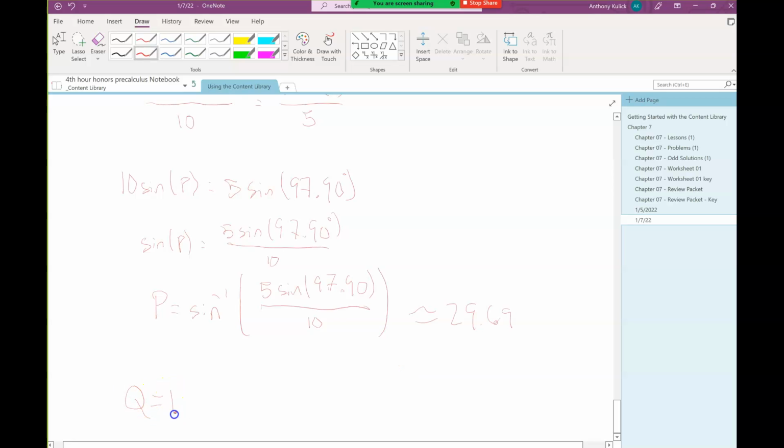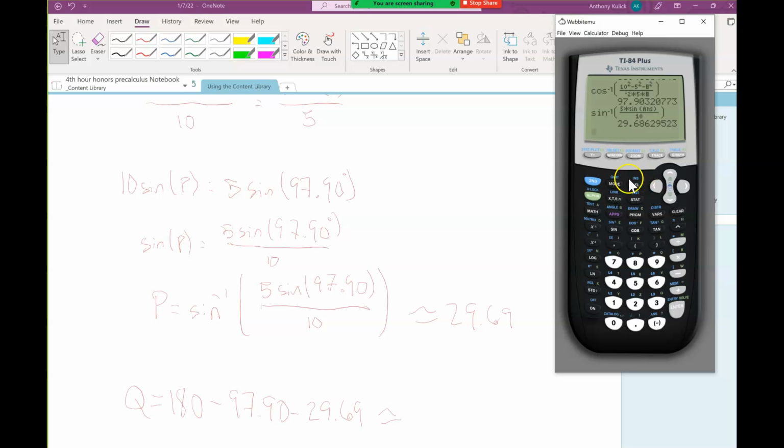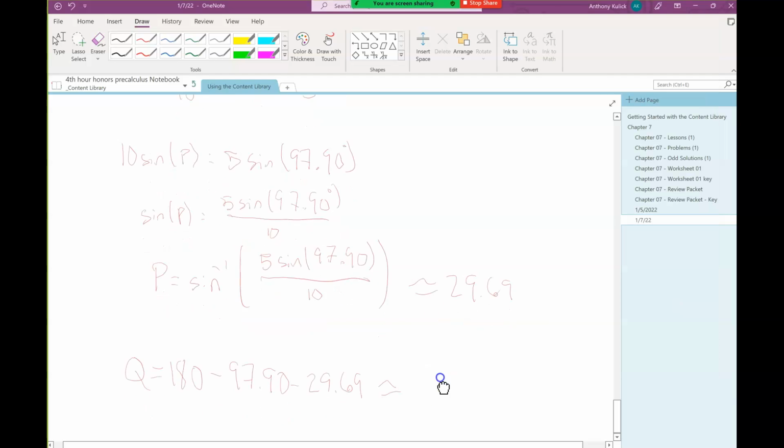And then getting angle Q is trivial because I know the other two angles. So 52.41.